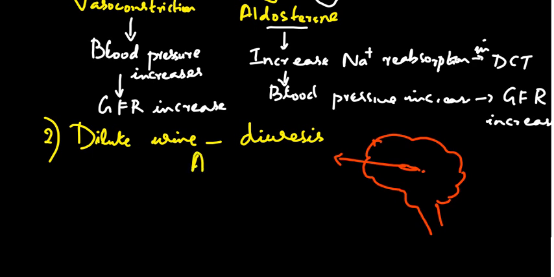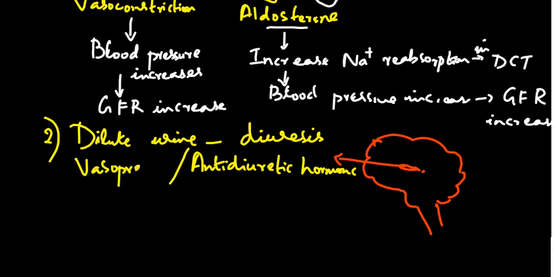That means it is against diuresis. Antidiuretic hormone, or it's also called vasopressin. It is produced by the hypothalamus and it is stored in the pituitary gland, and it is released by the pituitary gland. This is the pituitary gland.